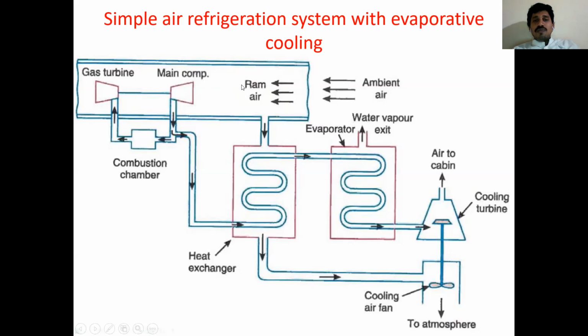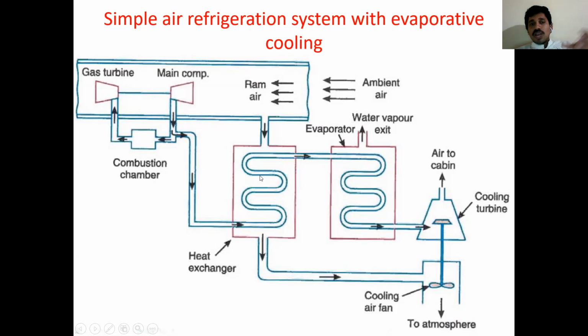Then after the diffuser, the air compressed due to the ramming process enters the main compressor, where one more time pressurization takes place. So with high pressure, the air reaches the heat exchanger, or air cooler. Over the heat exchanger, we supply some amount of ram air.